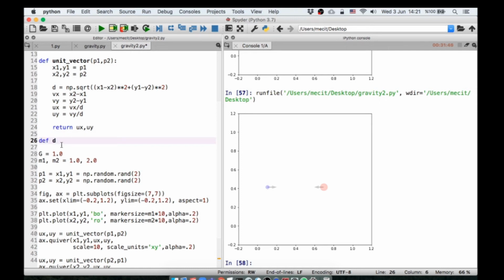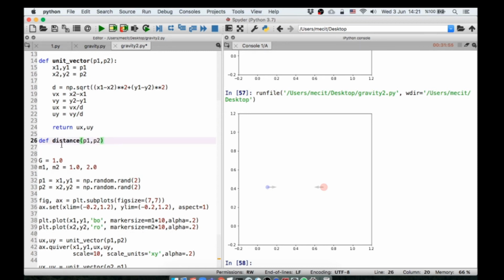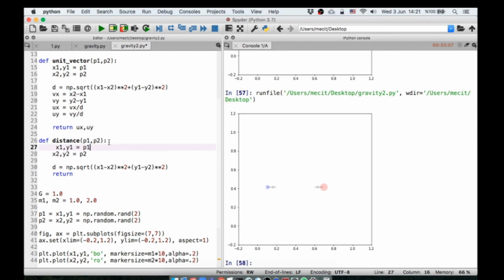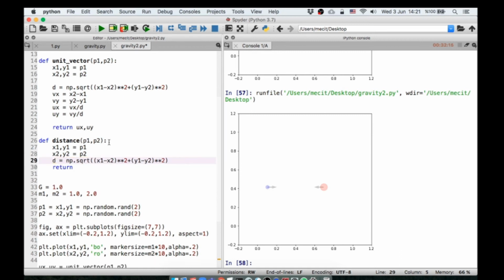Def, so this is going to be distance between point 1 and point 2, and this should return nothing but, okay, I think I should have this here. So getting the points, calculating the distance, and returning it.